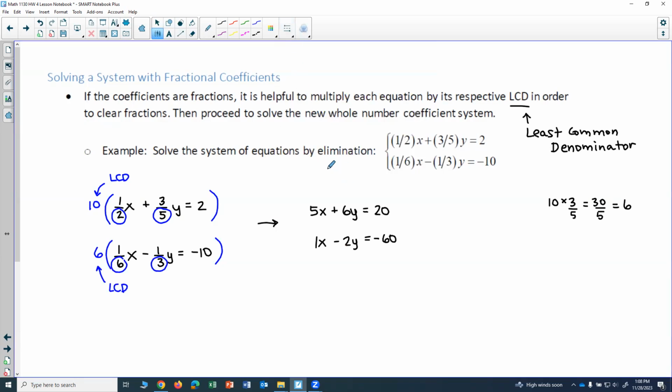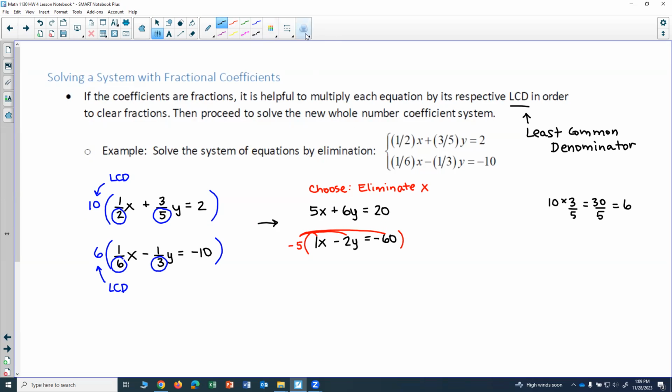Remember, with the elimination method, what I want to do is choose a variable to eliminate. So you can pick the x or the y. If I pick the x, then I would multiply the second equation by a -5, so that when I distribute that, I'll get -5x, which will cancel with the positive 5x in the first equation.